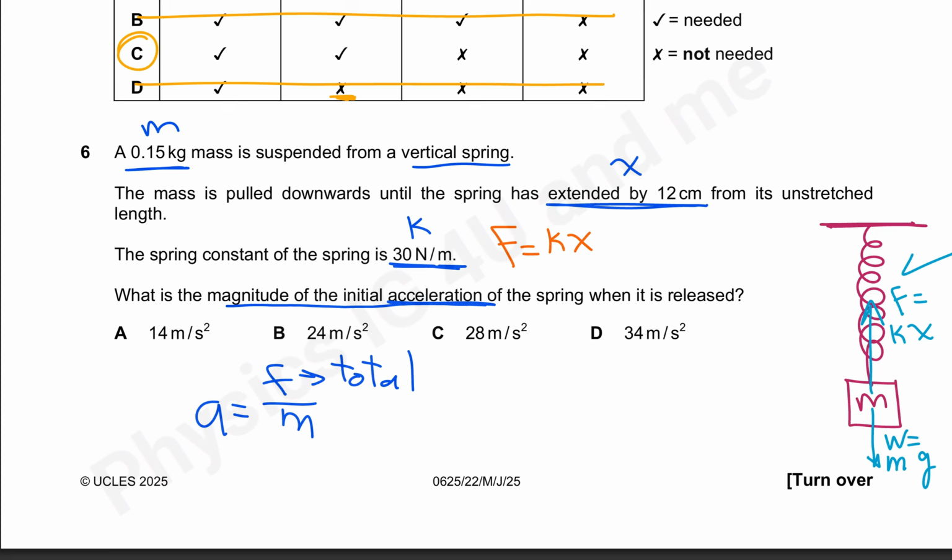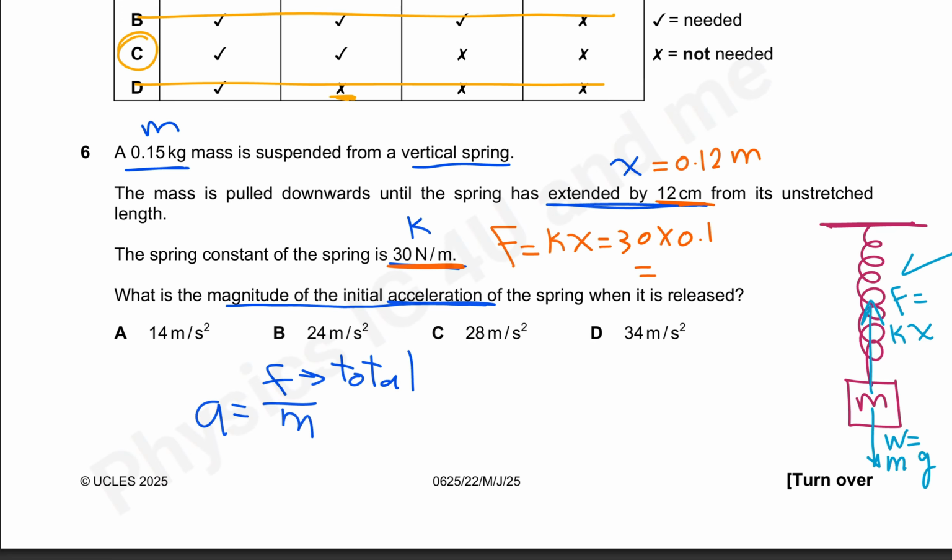Pay attention here, the x is given in centimeters and the k is given in Newton per meter. So I have to change this. It's going to be 0.12 meter, right? So I need the k, I need the F, it equals 30 multiplied by 0.12. Sorry, I wrote it wrong, my bad.